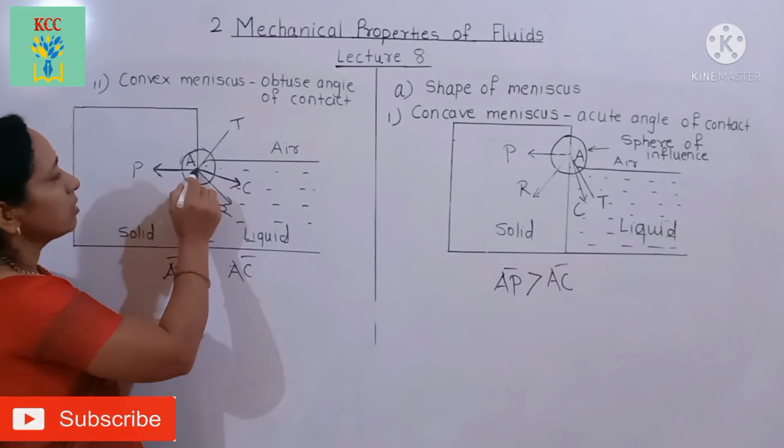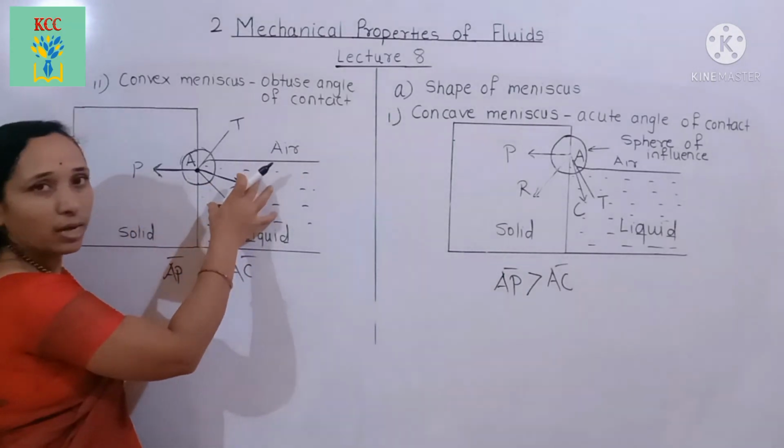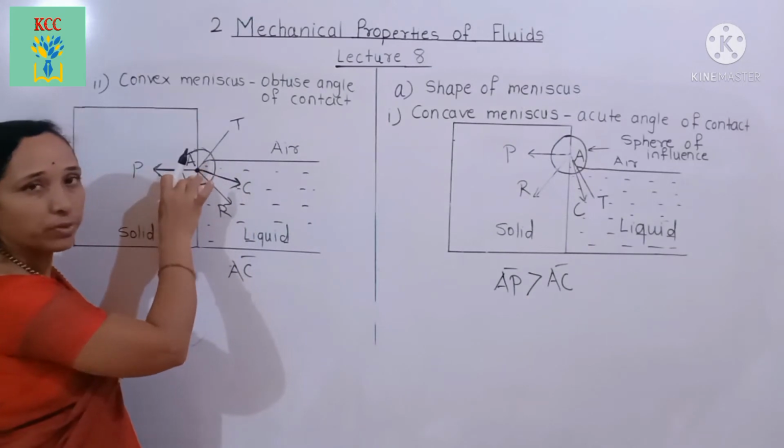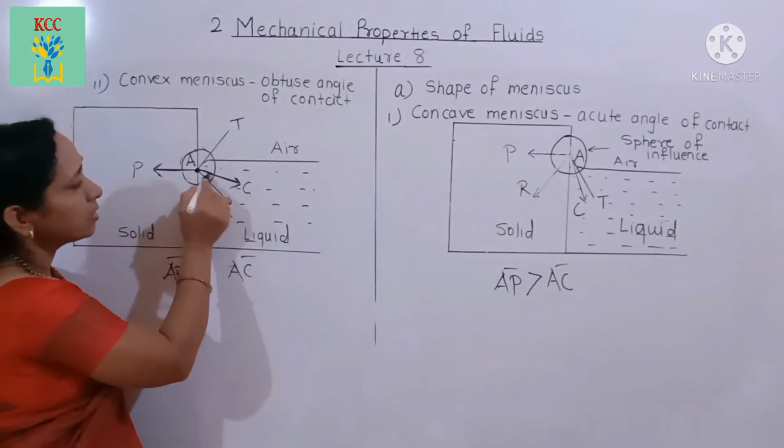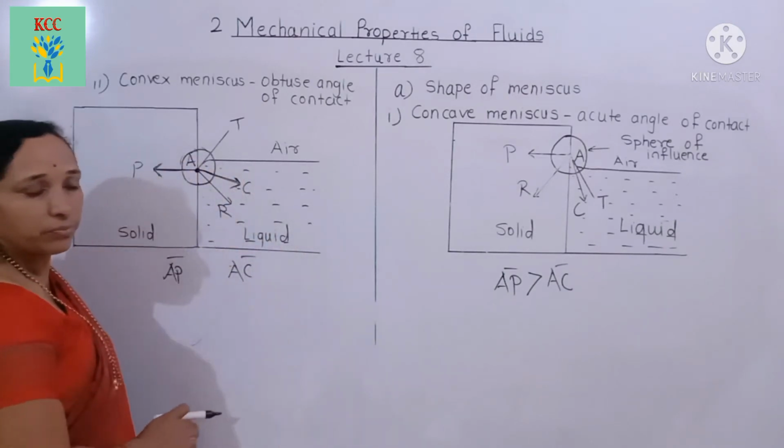Here, that is the molecule A. A larger number of mercury molecules are in contact with molecule A, therefore this force is larger. AC bar is larger than AP bar.